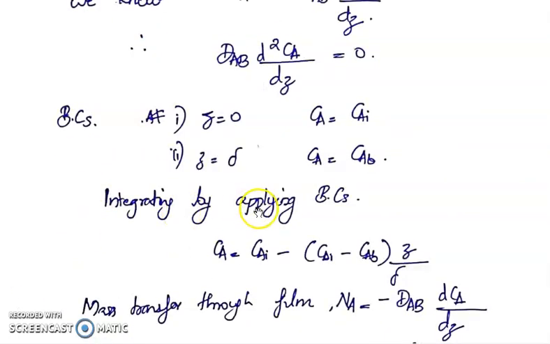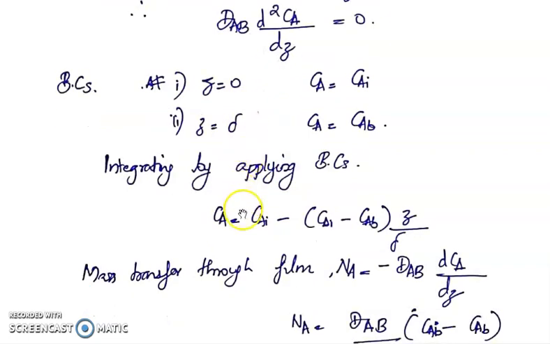So integrating by applying boundary conditions, we will get an expression for CA such that CAI minus CA is equal to (CAI minus CAB) into Z by delta. So we came to know that CA, the concentration, is a function of Z, the direction in which the molecules are diffusing.